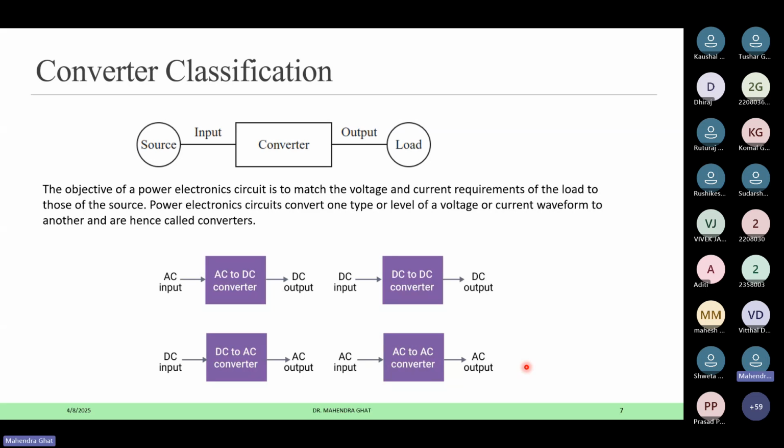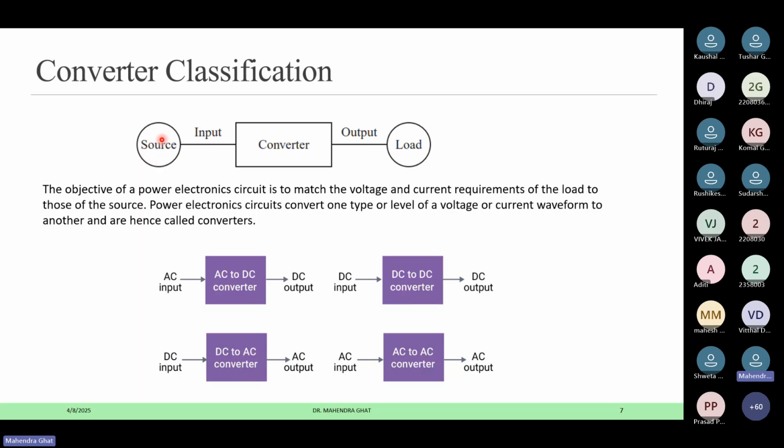Okay, now coming to the actual use of power electronics. How can we classify power electronics converters? If you see the basic idea of power electronics, we have some source. It can be an AC source or a DC source.